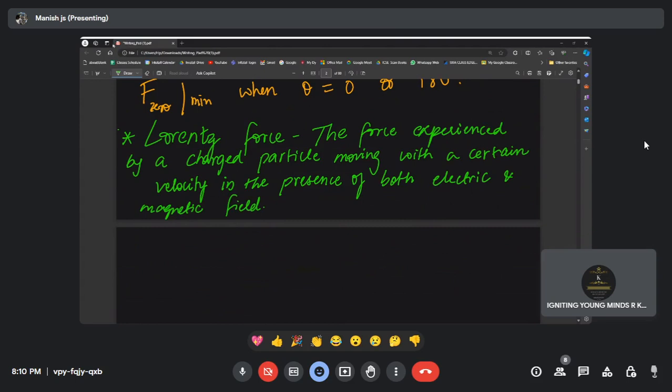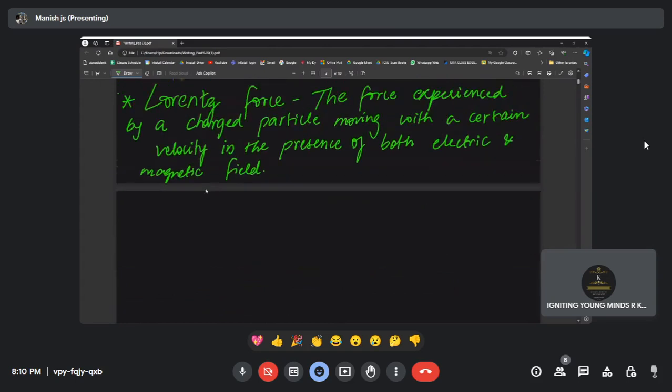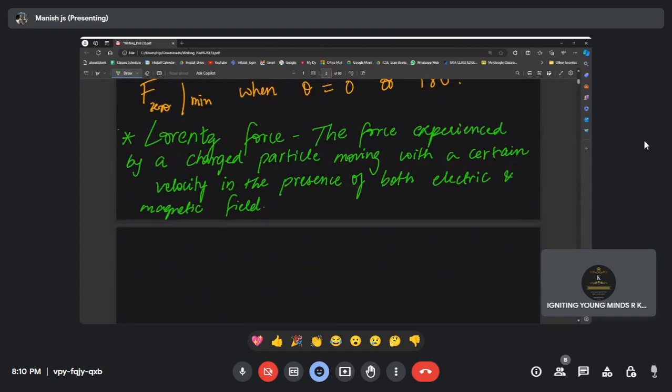Both electric and magnetic field, then you call it Lorentz force. So such forces where you consider both electric field and magnetic field, due to both the fields, the force experienced by a charged particle in motion is called Lorentz force.